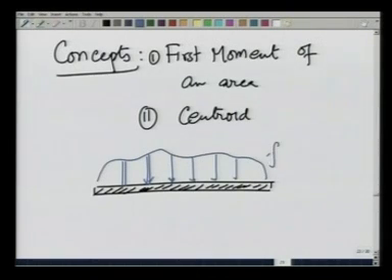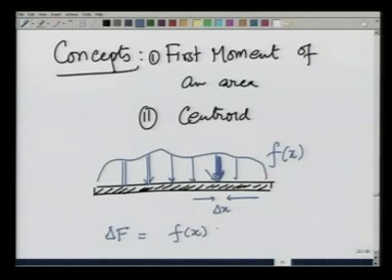Let me call this function f x, so that if I take a small section of length delta x here, the net force acting on this point delta F is going to be given as f at x times delta x.